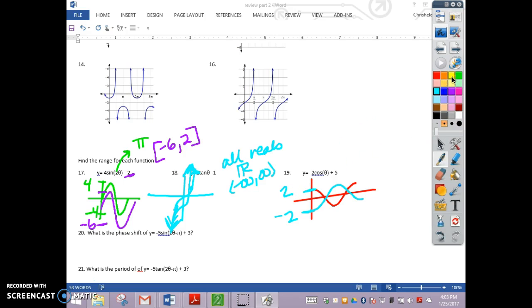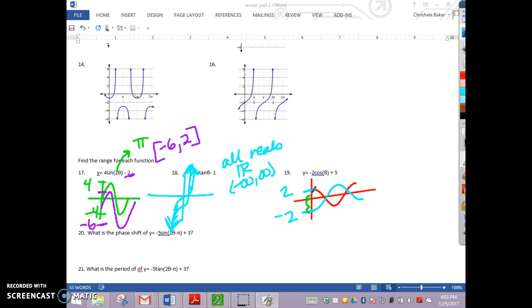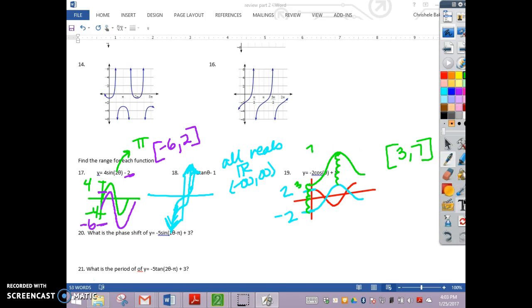So if I take that baby blue one and I shift it up 5, 1, 2, 3, 4, 5, I'm now up at 3. I'm reaching up, reaching down. I'm taking this maximum where I was at 2 and going up 1, 2, 3, 4, 5. Going from 2 to 5 is now at 7. So there's my range, 3 to 7.